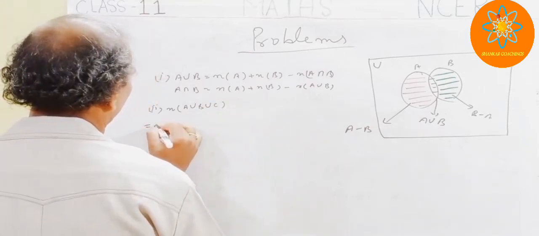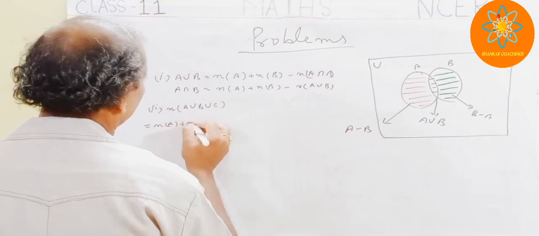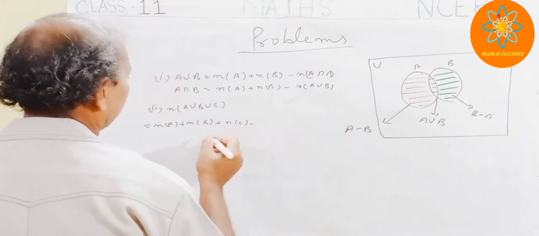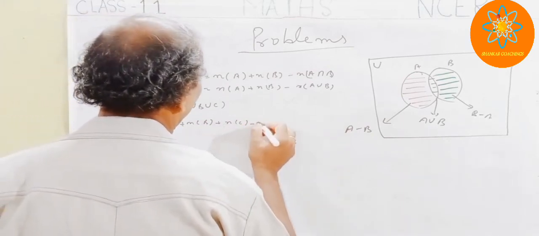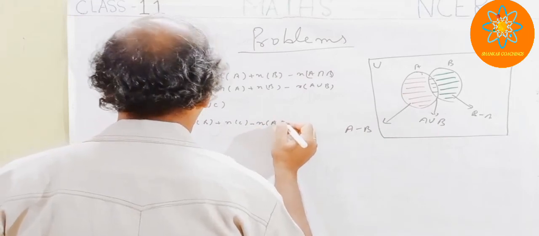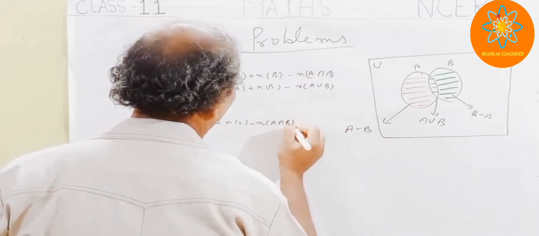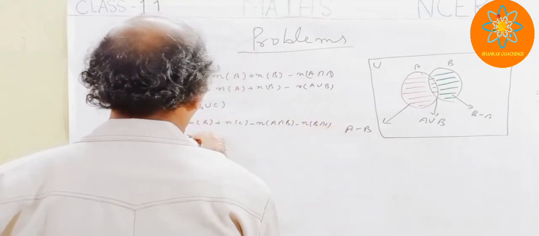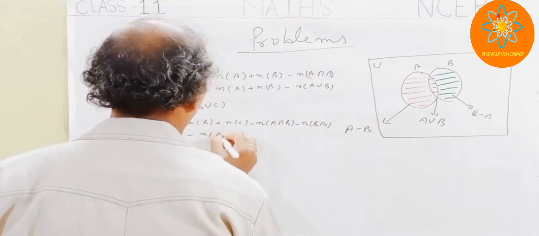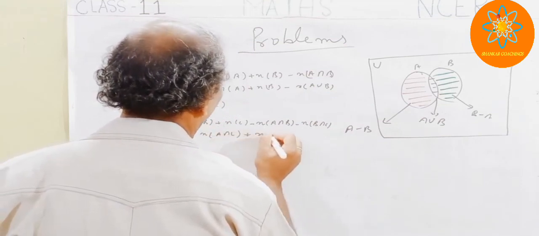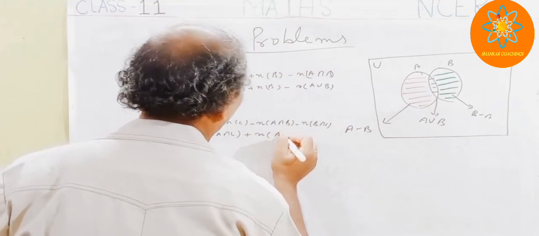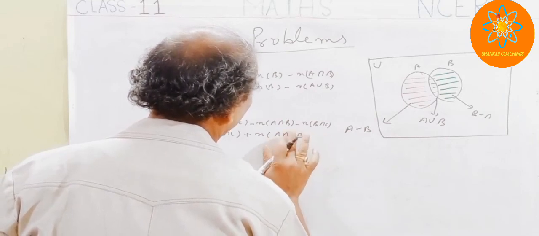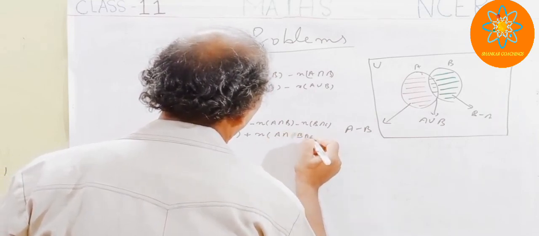This must be equal to n(A) plus n(B) plus n(C) minus n(A intersection B) minus n(B intersection C) minus n(A intersection C) plus n(A intersection B intersection C).